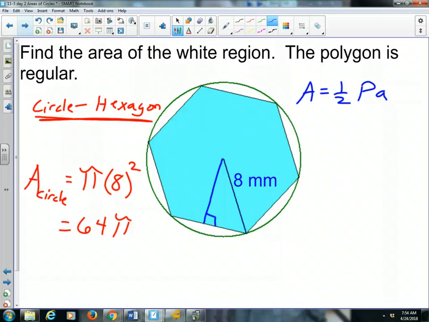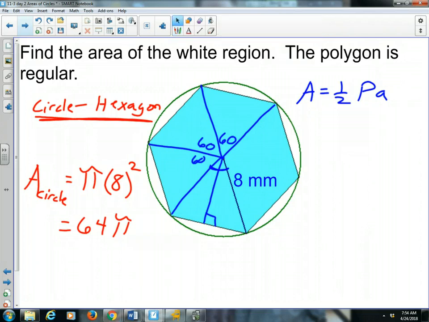All right, we know that in a hexagon, if we take 360 divided by 6, because there's 6 sides in a hexagon, each of these interior angles is 60 degrees. So this one's 60 degrees, and this one's 60 degrees. And that means that this angle right here is 60, right?